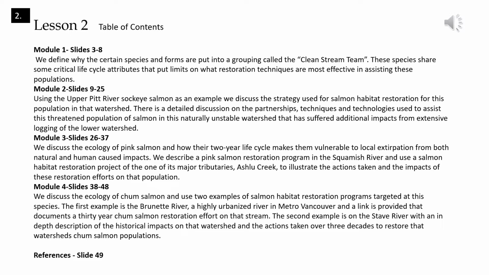Module 3, we discussed the ecology of pink salmon and describe a pink salmon restoration project in the Squamish River on the Ashley Creek to illustrate the actions taken and the impacts of these restoration efforts on that population. In module 4, we discussed the ecology of chum salmon and used 2 examples of salmon habitat restoration programs targeted at this species. And on the last slide, slide 49, we give references.